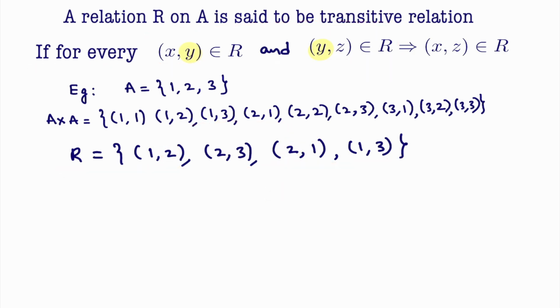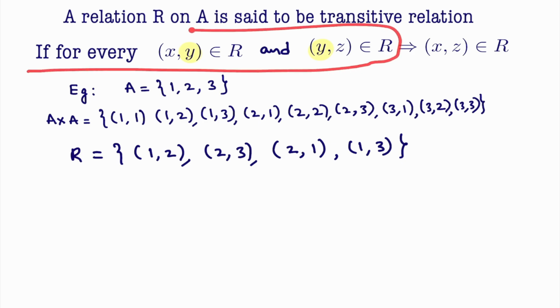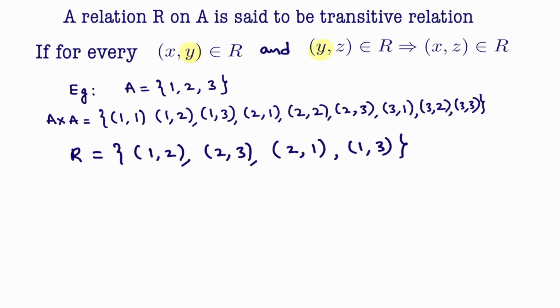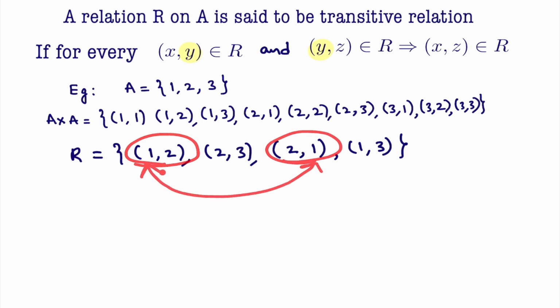I hope you understand. When it is transitive, we have to do so much work. What is that? For every such ordered pair, you need to look whether x comma z is there in the relation or not. When it is not transitive, actually things are easy. Why? Just give the counter example. In this case, 1 comma 2 and 2 comma 1 are there in this relation, but 1 comma 1 is not in this relation.